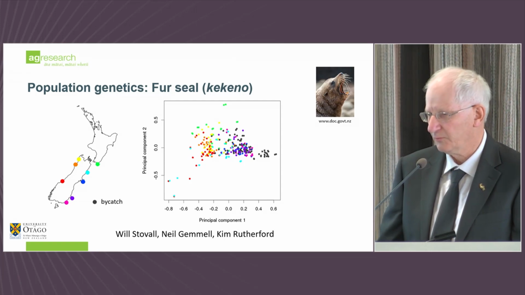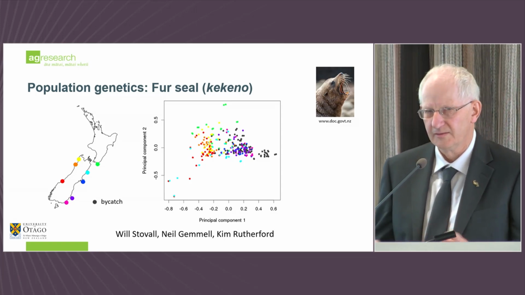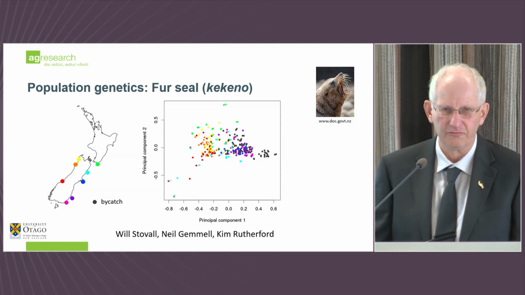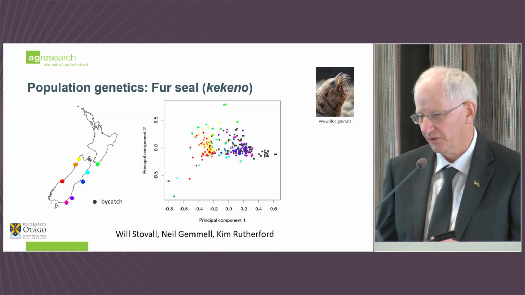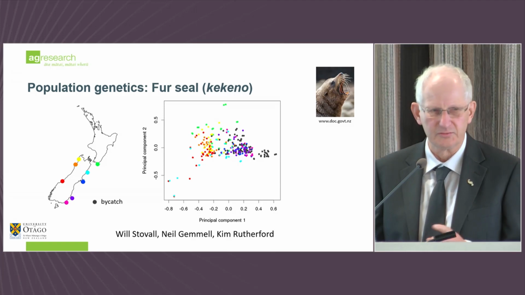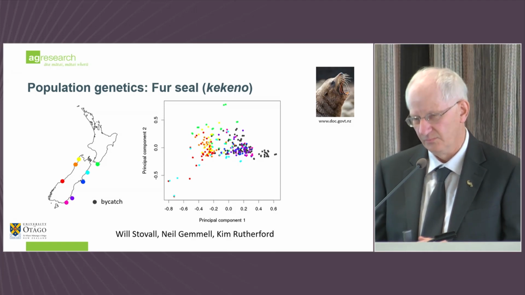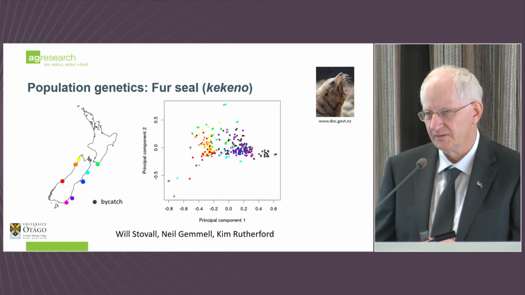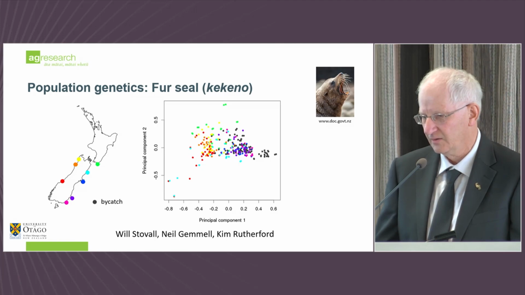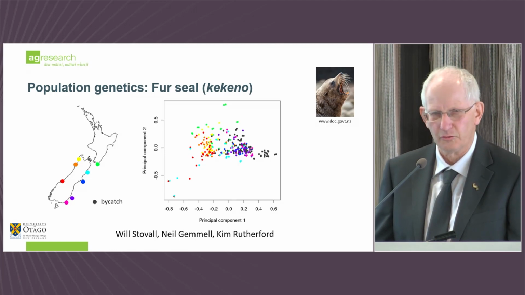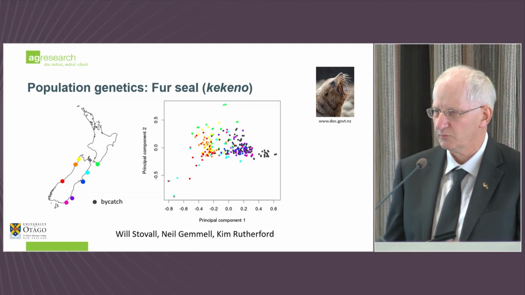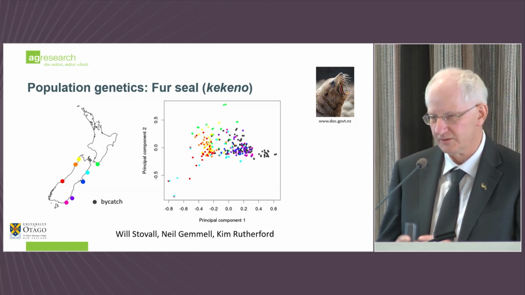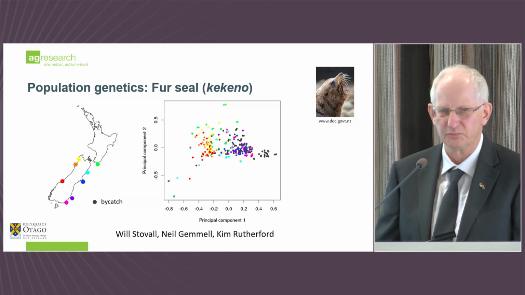And you can see here with these colours that the statistical representation of the genetics of those samples mirrors where they were found mostly. So the West Coast ones are on the left and the East Coast ones are on the right, for example. The exception there is the ones in light blue that are at Kaikoura. That was a new colony that was having lots of immigration to that point, and so you can see that the light blue dots do spread across that plot.